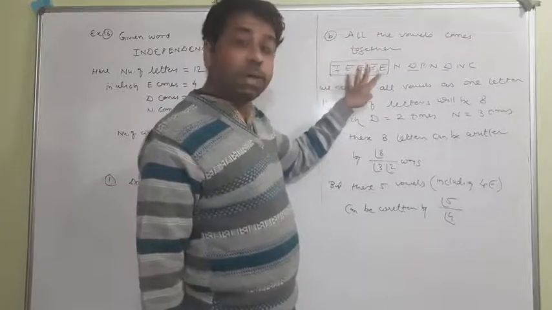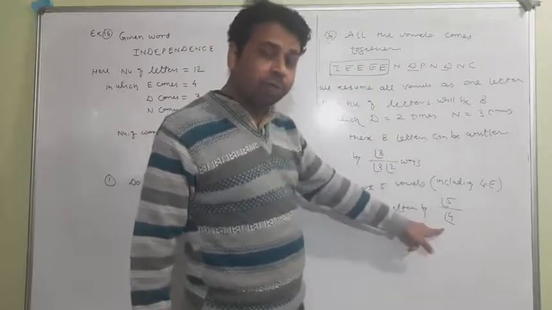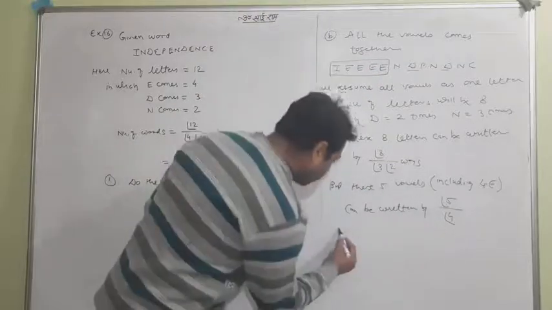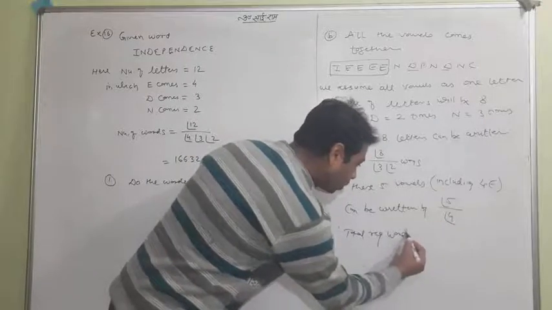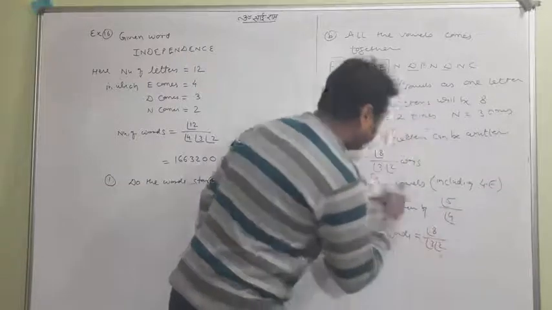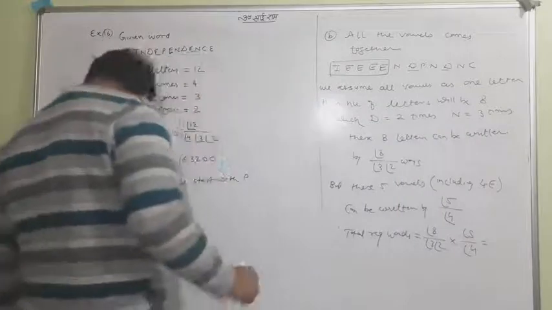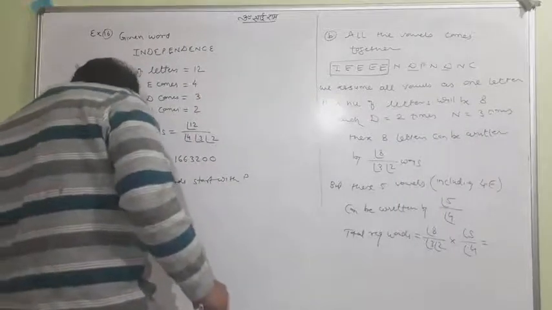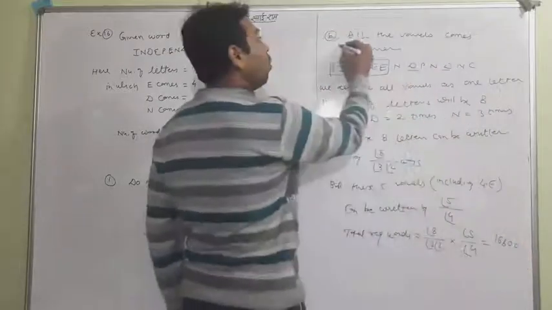You know, 4 E's were there, 5 letters here, so factorial 5 by factorial 4 it is. So the total required words will be factorial 8 upon 3, 2, into factorial 5 upon 4, and the whole answer is 16800. This is the answer where all vowels are together.